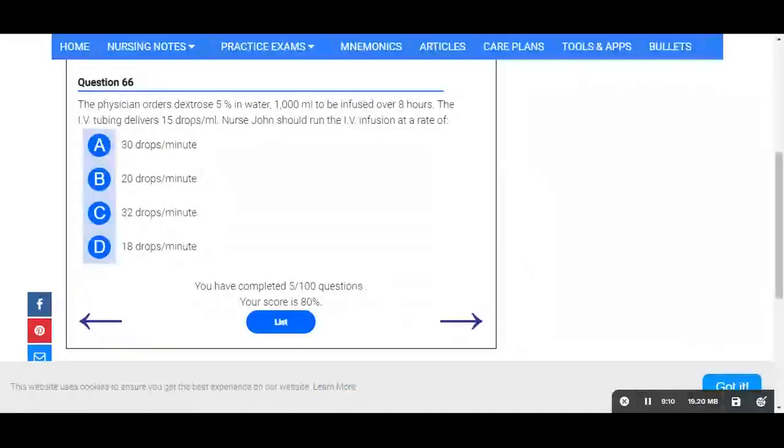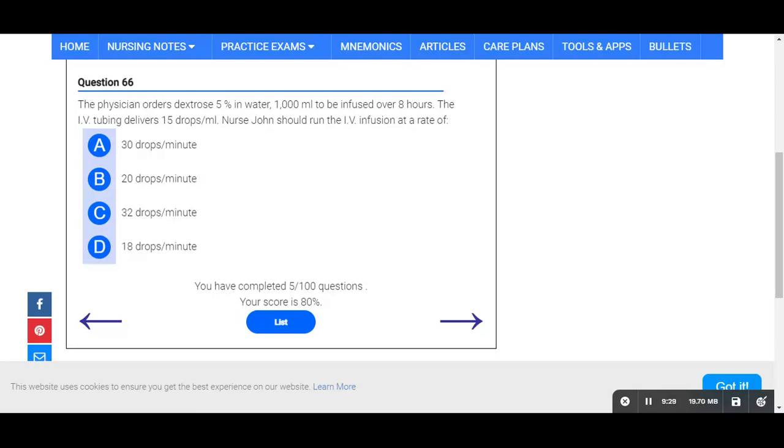An hour gives us 60 minutes, right? So we have 480.